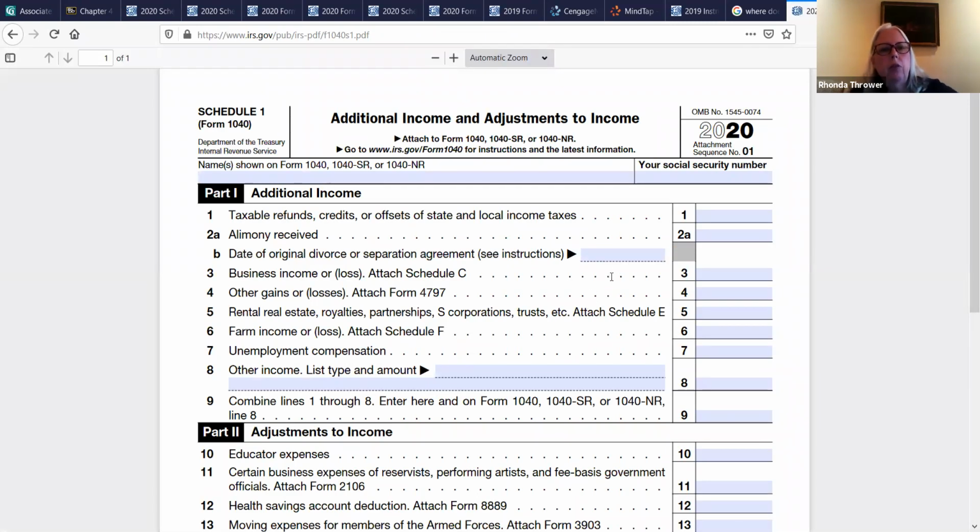Okay, yeah, this is what it should look like, Schedule 1. So I put that link in there for you. I didn't realize it wasn't in there for Schedule 1.